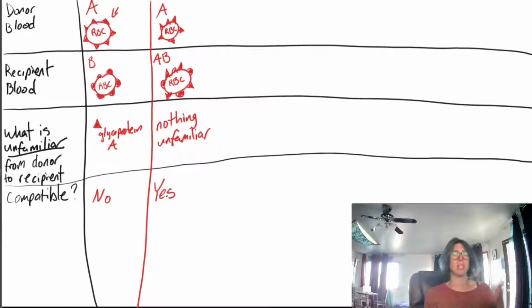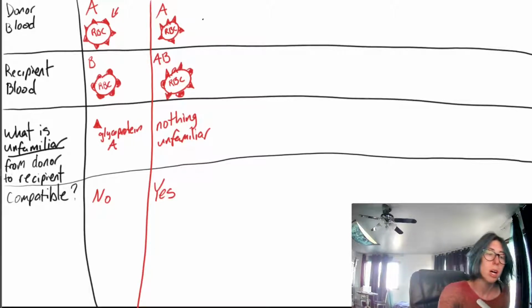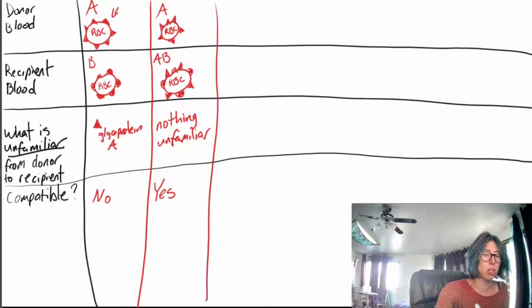Okay, so that's an example of how a donor and a recipient can have two different blood types and yet still be compatible. But the direction of donation matters. So let's reverse this. What happens if the donor had blood type AB? So here are the red blood cells of the donor.